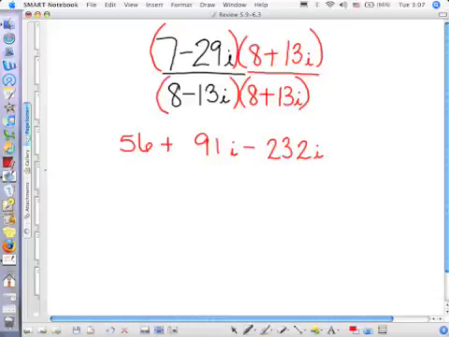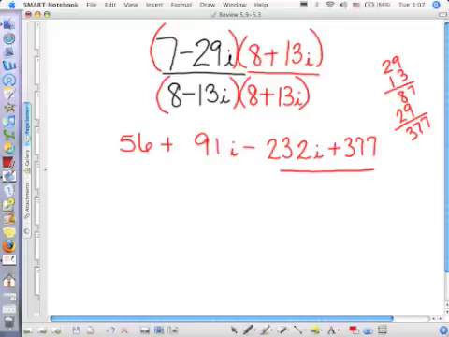And last times last is negative, big number, 29 times 13, 377, but then the i squared changes the sign.